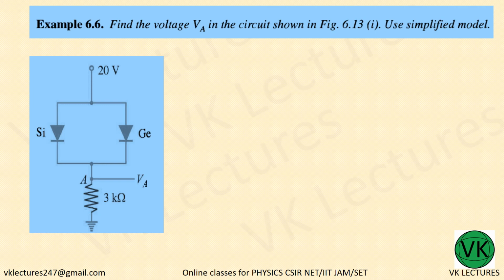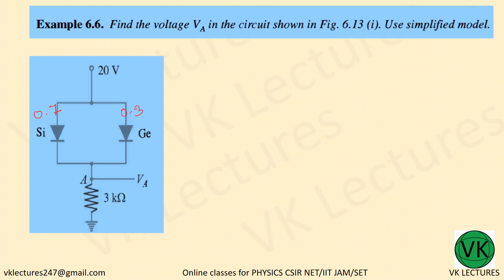20 volt. Now our aim is to find which one is conducting. See, silicon diodes need 0.7 volt to conduct, and germanium needs only 0.3.